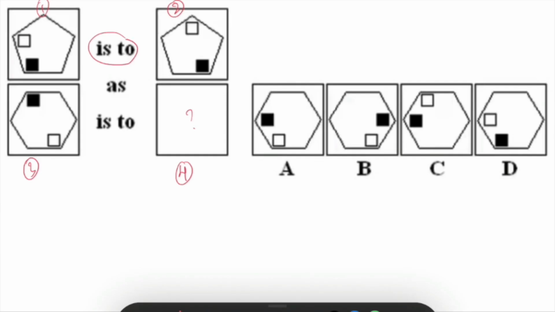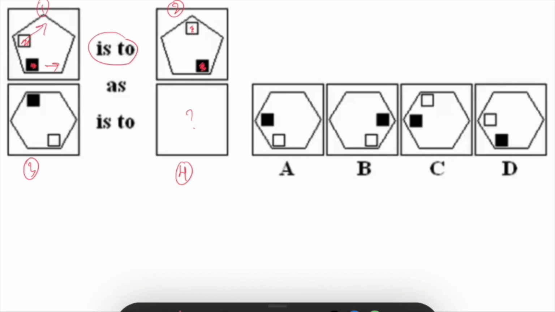The white square moved one movement, it became here. The black square moved one move to the right and is located here.